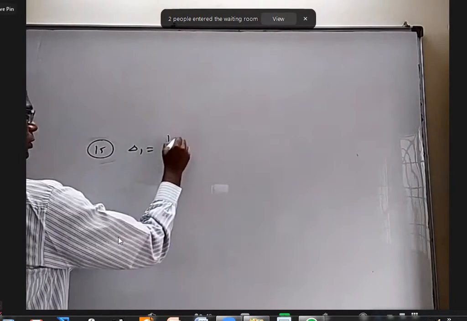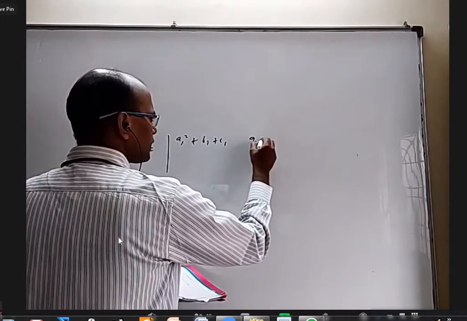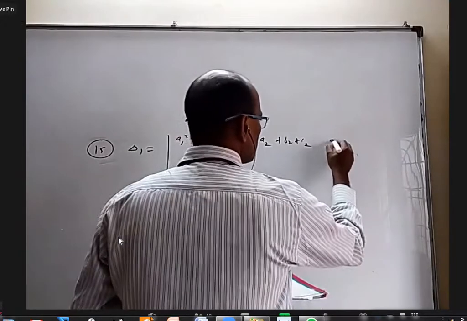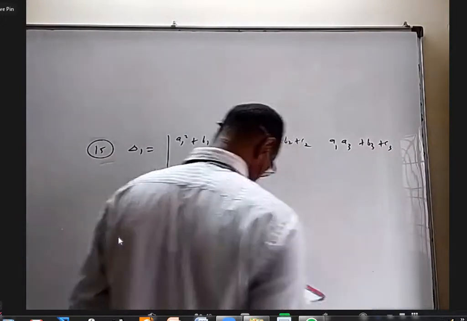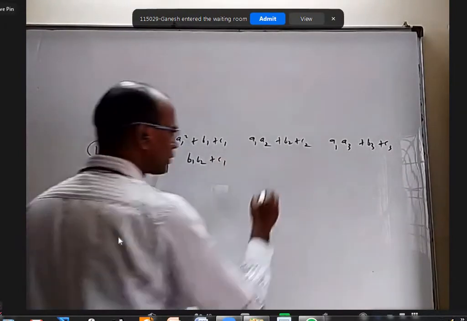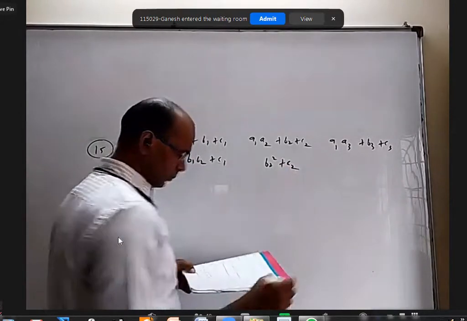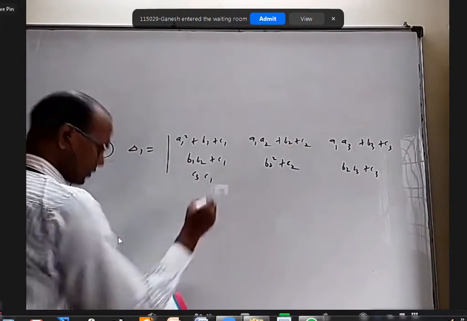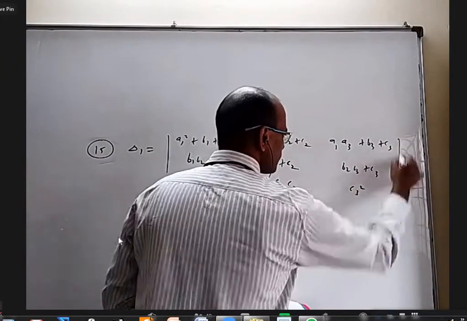Delta 1 is equal to the determinant with first row A1 square plus B1 plus C1, A1 A2 plus B2 plus C2, A1 A3 plus B3 plus C3; second row B1 B2 plus C1, B2 square plus C2, B2 B3 plus C3; third row C3 C1, C3 C2, C3 square.